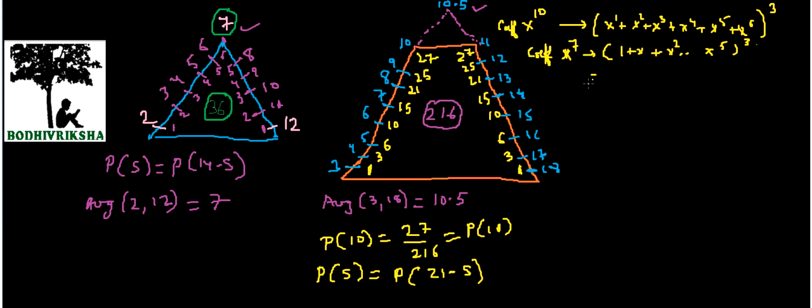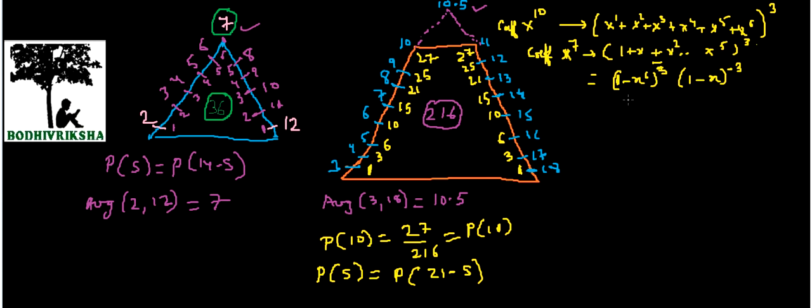Now we know that this expression we saw earlier can be written as 1 minus x to the power 6 whole cube into 1 minus x whole to the power minus 3.